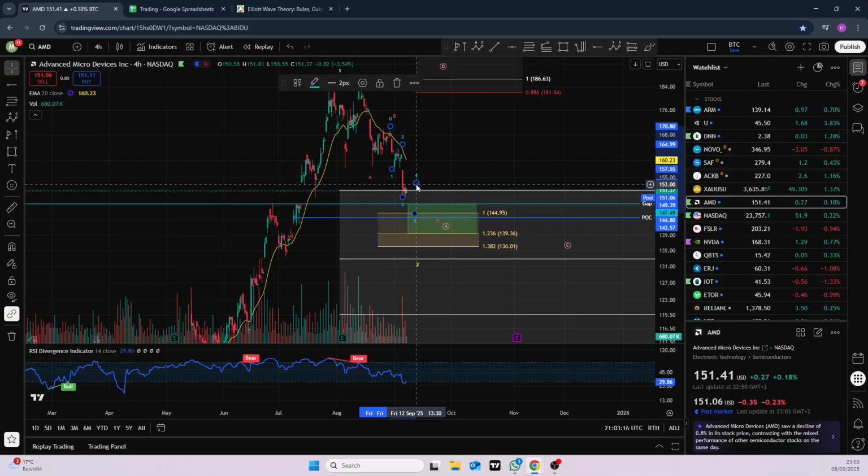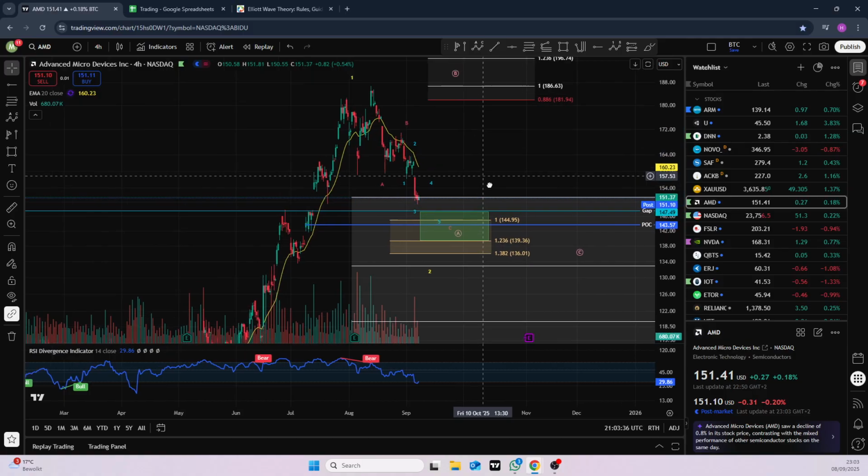So maybe if we get this wave 4, it will go up a little bit, and then once we make the final dip, the RSI will dip again, maybe creating a higher low, while the price will create a lower low, which would give a nice bullish divergence.